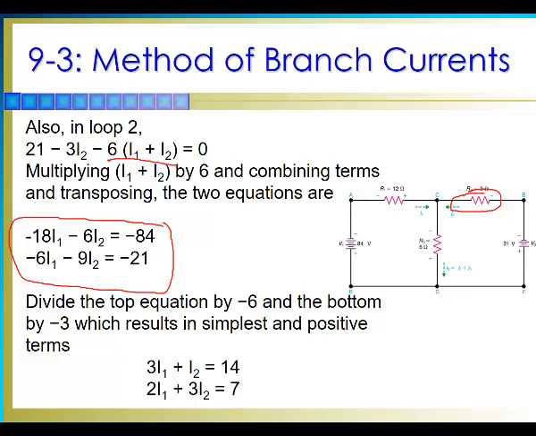So let's see, if we divide the top equation by -6, and divide this one by -3, we can reduce the equations to this. Now we have only positive values.